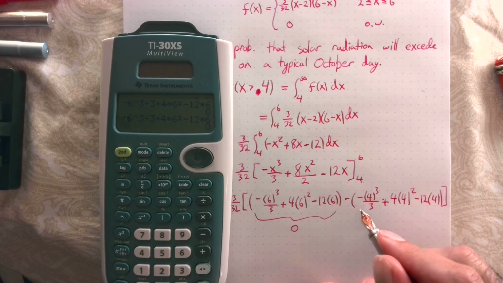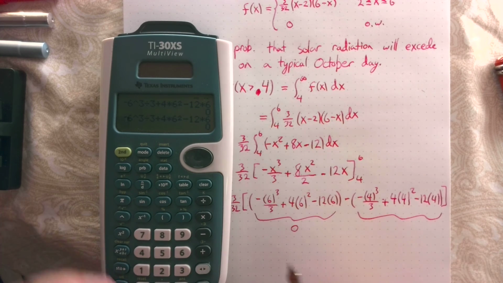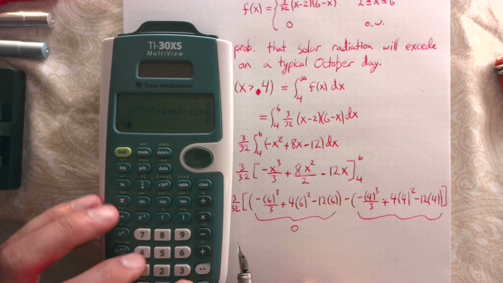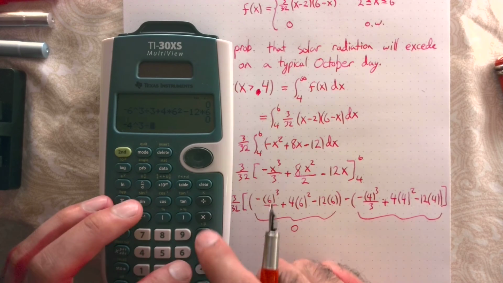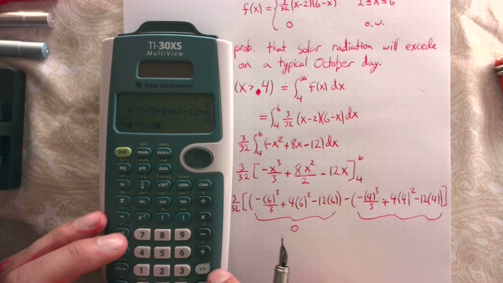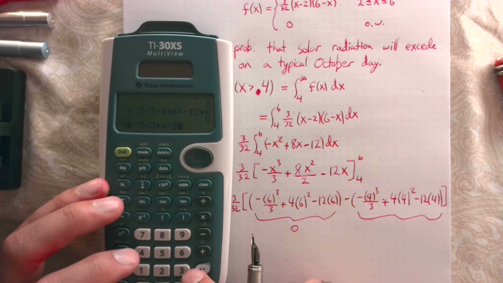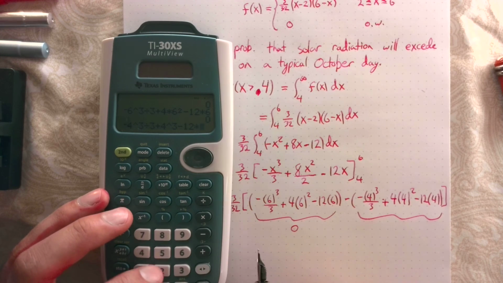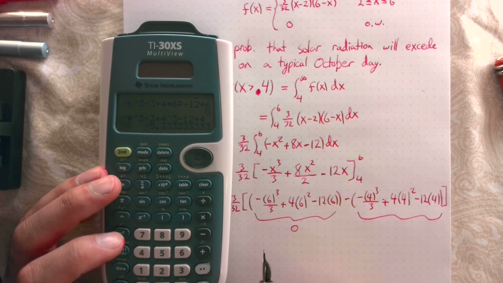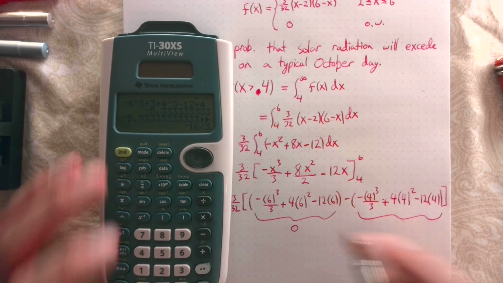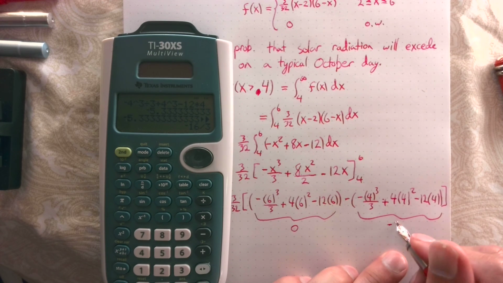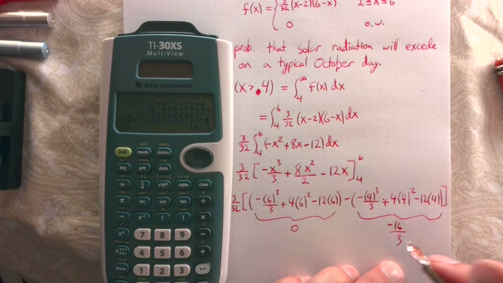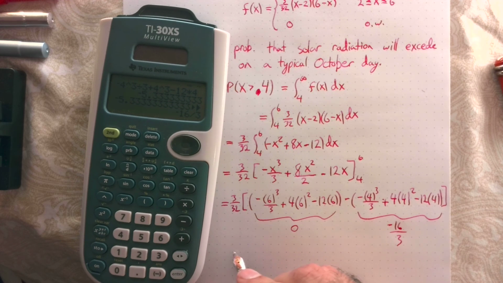Yeah, that's what I'm getting. And then this term, we have minus 4 cubed over 3 plus 4 cubed minus 12 times 4. So what is that? This is minus 16 over 3. So I'm not sure where I made a mistake, but this looks like it's going to work out now.